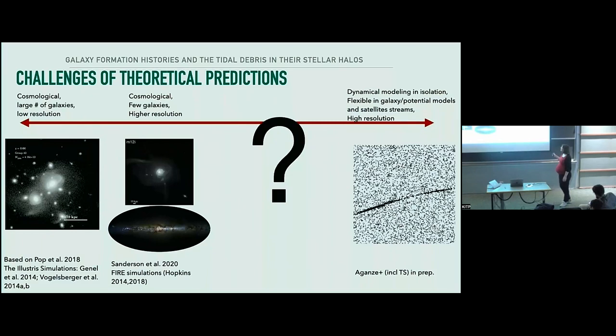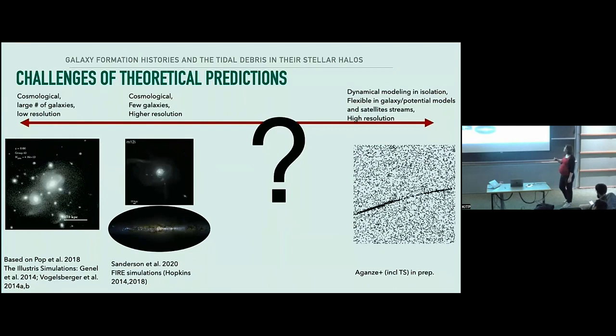And all the way at the other end, there is dynamical modeling in isolation, which often happens in static, spherical, or triaxial, relatively simple galaxy halos, but where you can model the dynamics of every individual star.